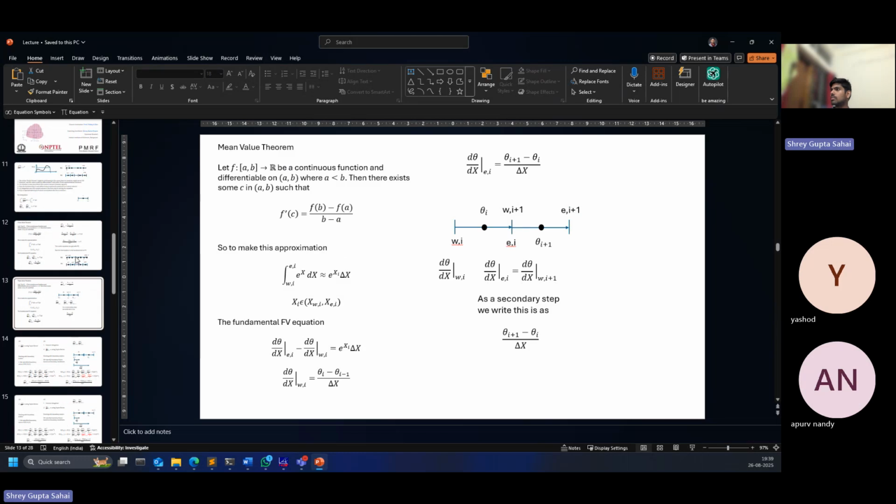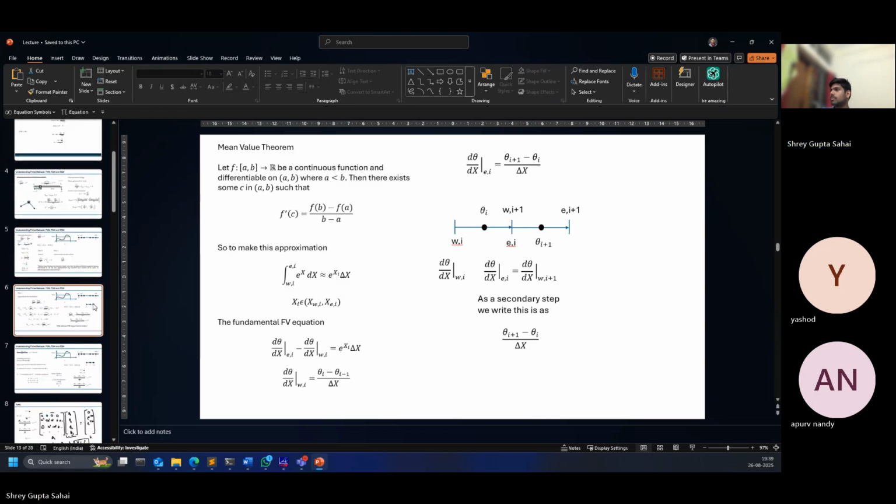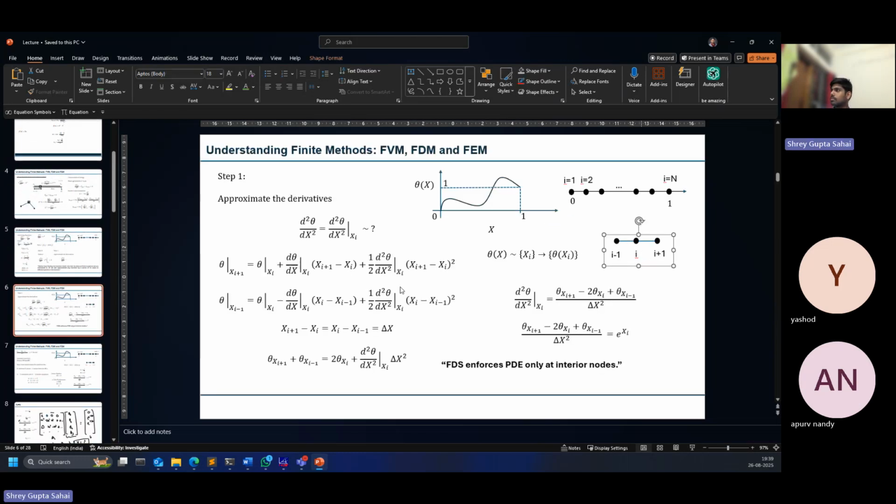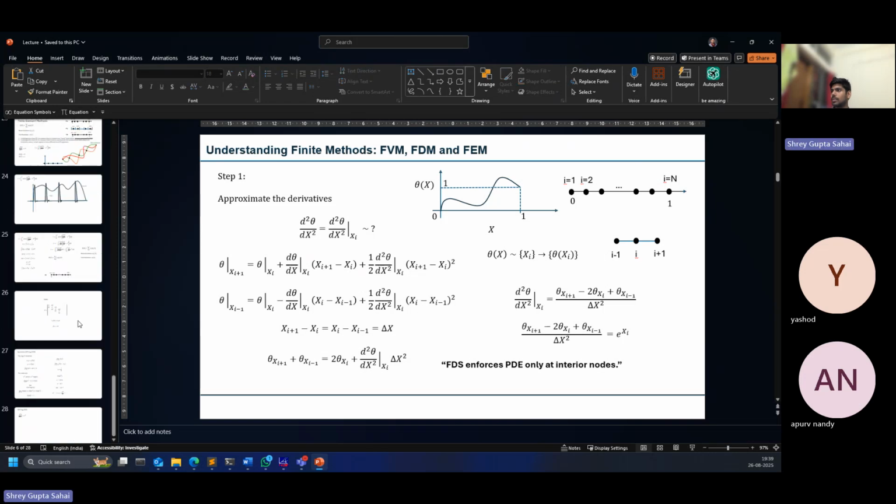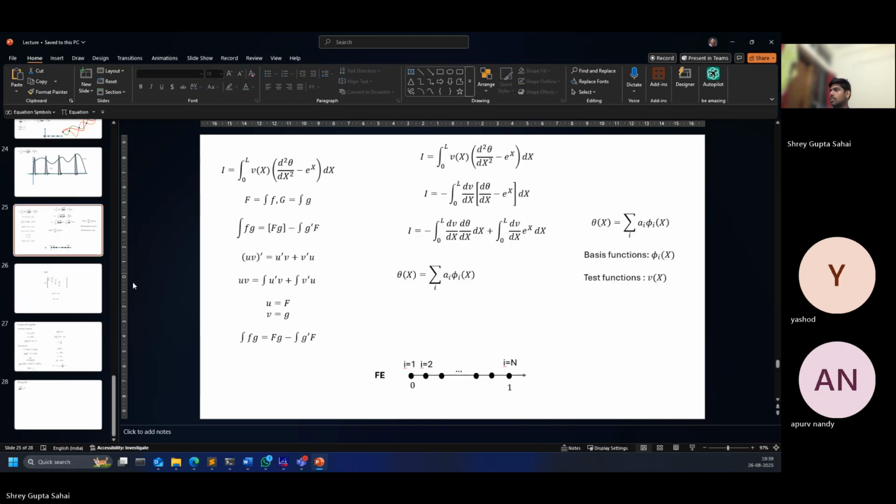This is one element. Across every two nodes, there is one element.